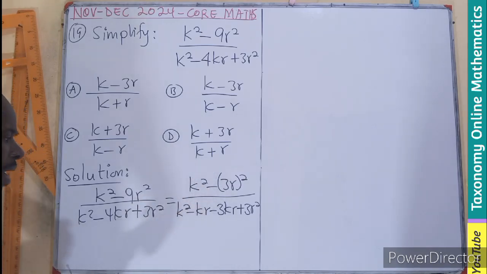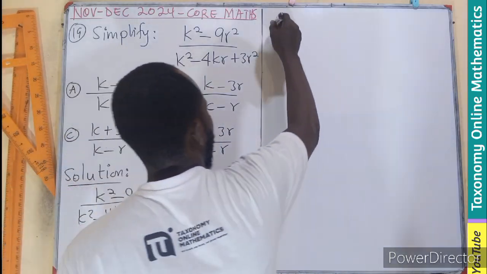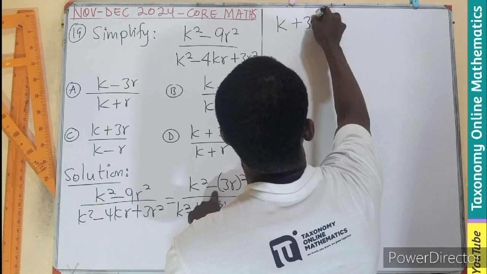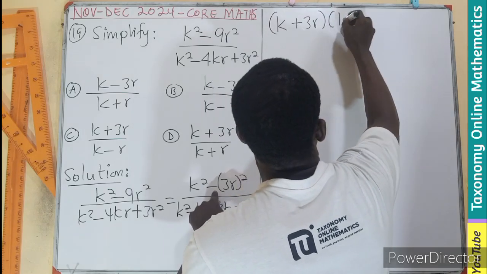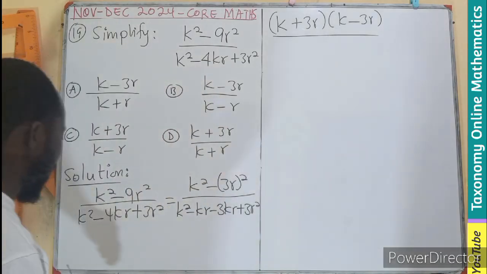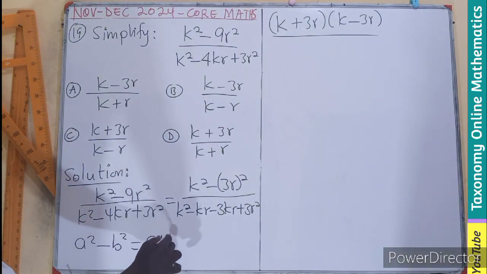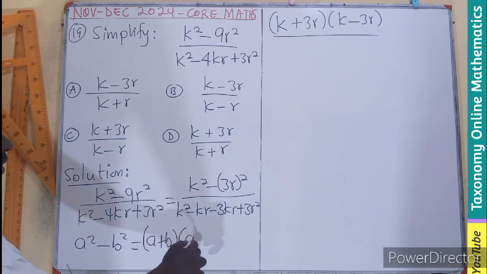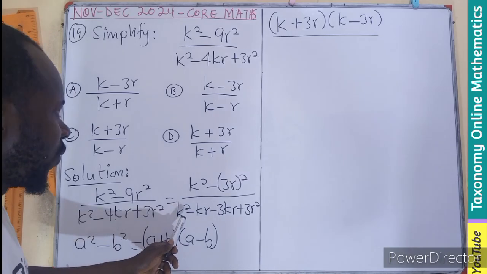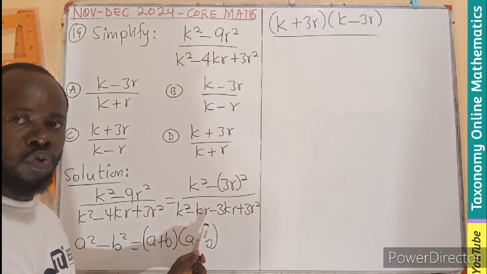So the top will become a difference of two squares, k plus 3r, k minus 3r. If I have a squared minus b squared, it becomes a plus b, a minus b, a difference of two squares expansion. Then for the bottom, we are having 4 terms, so we can do the grouping method.